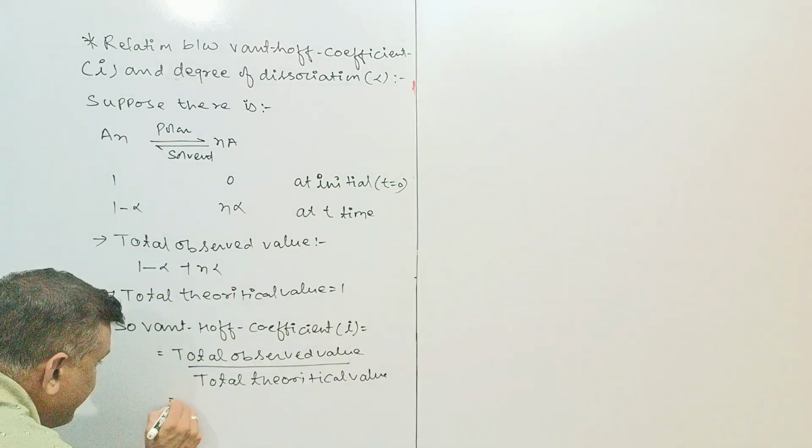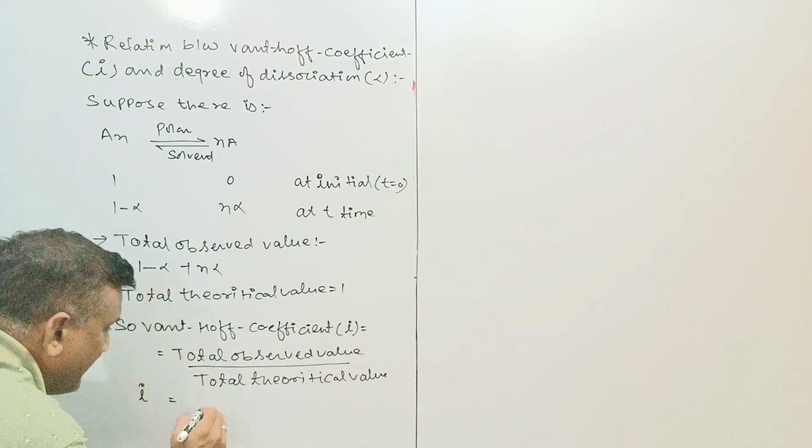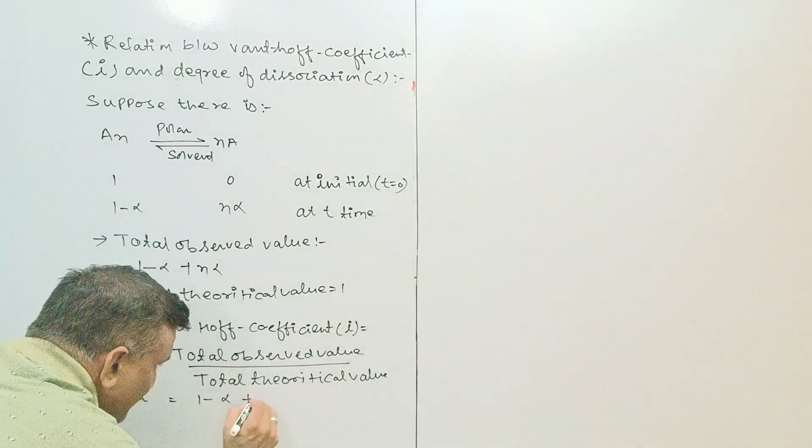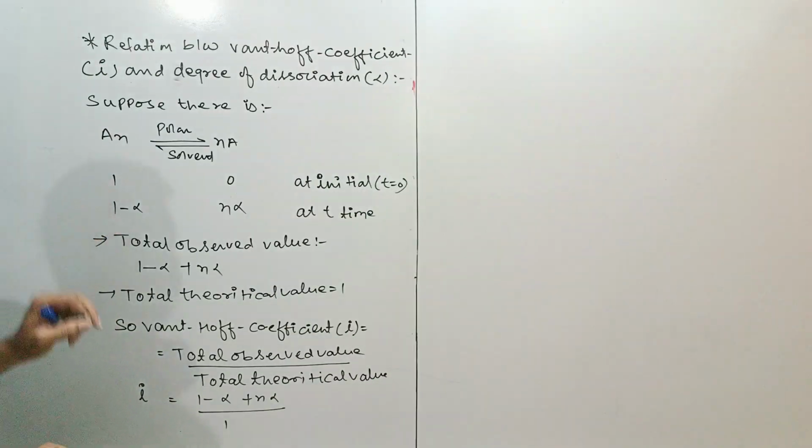If we go with the observed value, then i is equal to 1 minus alpha plus n alpha, and theoretical value is your 1, that is given.